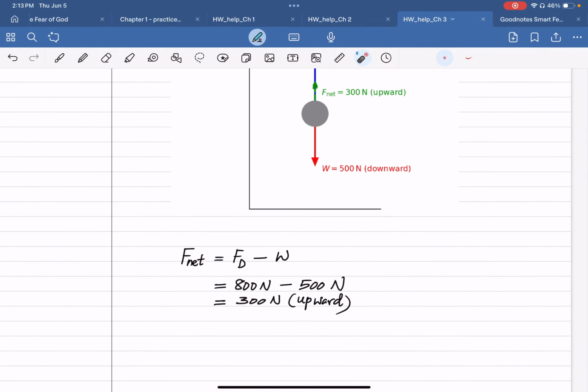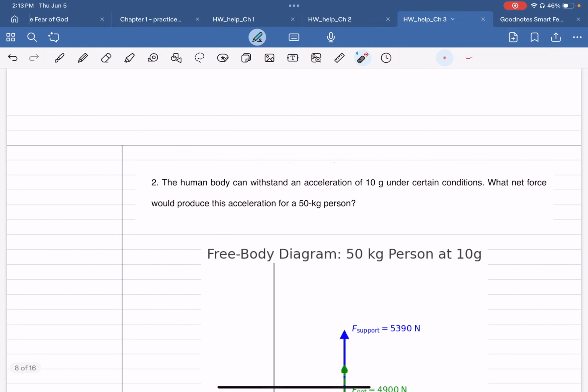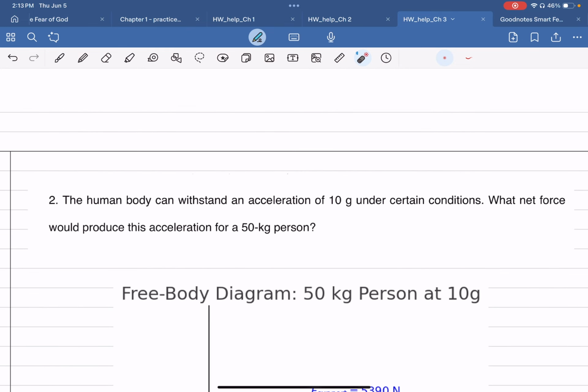All right. Now let's go to question number 2. A human body can withstand an acceleration of 10g. That's not 10 gram, 10g. What net force would produce this acceleration for a 50 kilogram person? First of all, it's amazing that a human body can withstand that much of an acceleration.